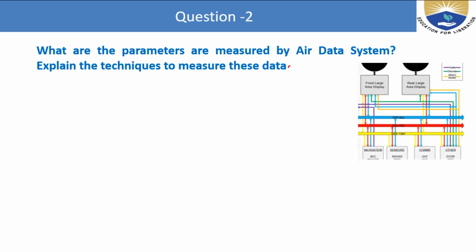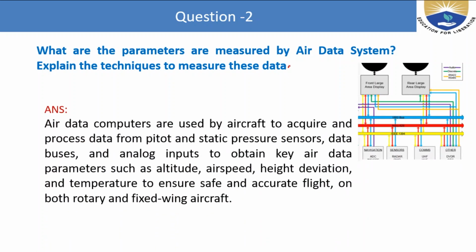So here we will see that air data computers are used by aircraft to acquire and process data from pitot and static pressure sensors, databases and analog input to obtain key air data parameters such as altitude, airspeed, altitude deviation and temperatures to ensure safe and accurate flight on both rotary and fixed wing aircraft.